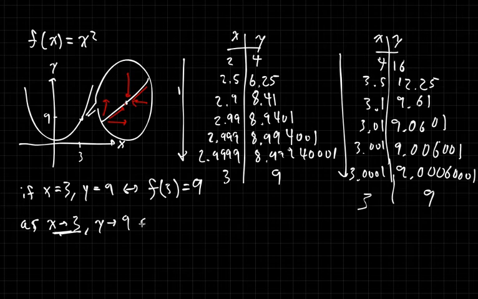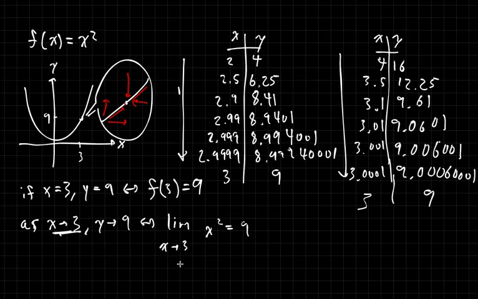This is just the same thing as the limit as x approaches 3 of f of x equals 9. Or, in this case, f of x, the function is just x squared. So these are saying the same thing.